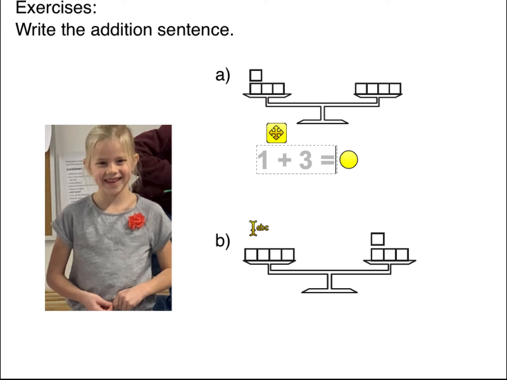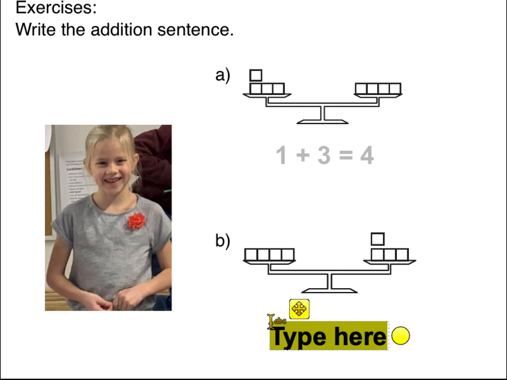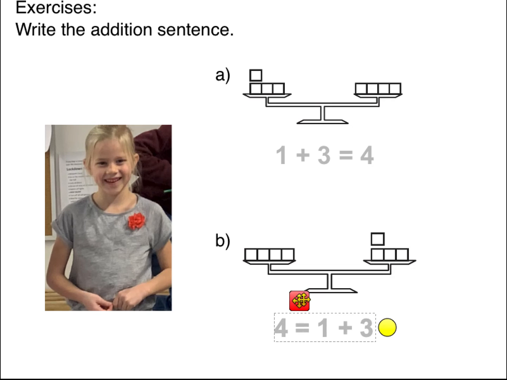That's the same as what's on the other side, 4. 1 and 3 is 1, 2, 3, 4, which is the same as 1, 2, 3, 4. That's right. And even if we switch it around and start with 4 on this side, that's still the same as 1 and 3. Good job, Joelle.